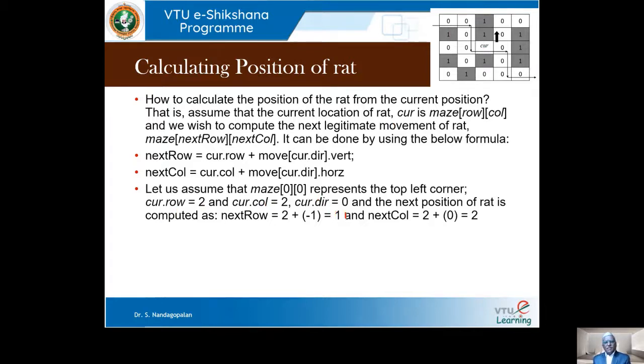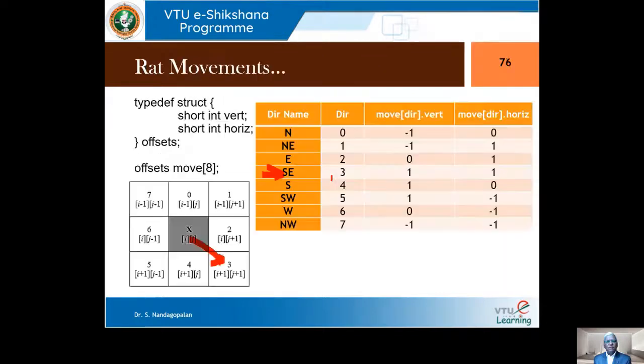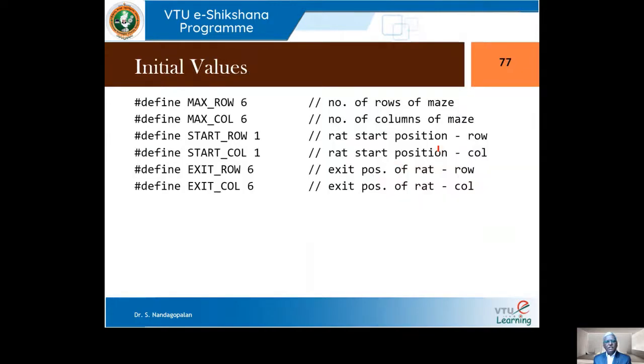What is the current direction? It is the 0th position. And the next position of the rat using this formula: next row is nothing but the current row, 2, plus, with current direction 0, the vertical value. If you look at the lookup table, for 0 you have vertical -1 and horizontal 0.